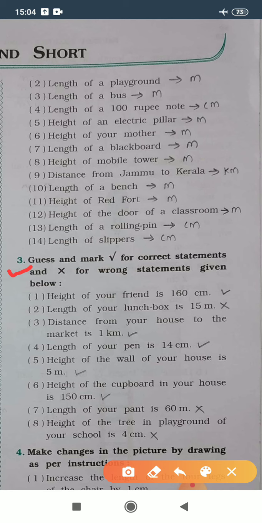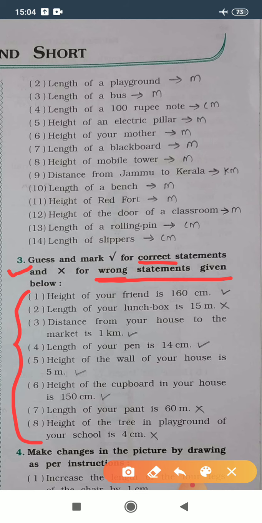Now we are going to continue with question number 3. Guess and mark tick for correct statements and cross for wrong statements given below. Now we are going to read these statements and we need to decide whether the statements are correct or false.